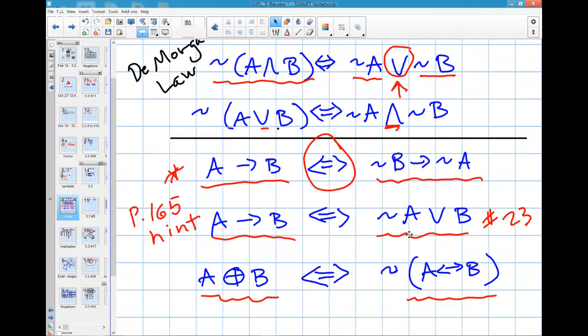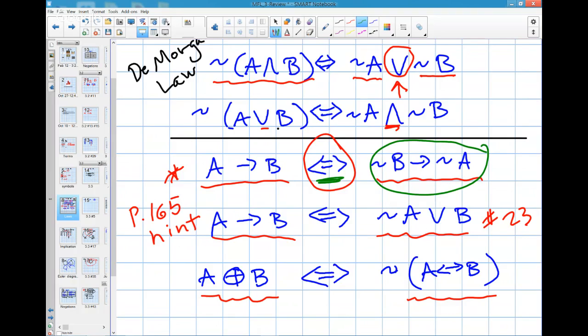Let me get a different color here. So in green, that is the contrapositive of if A then B. And the contrapositive is always equivalent to the original. So you'll get exactly the same truth table for those two. So good old contrapositive.